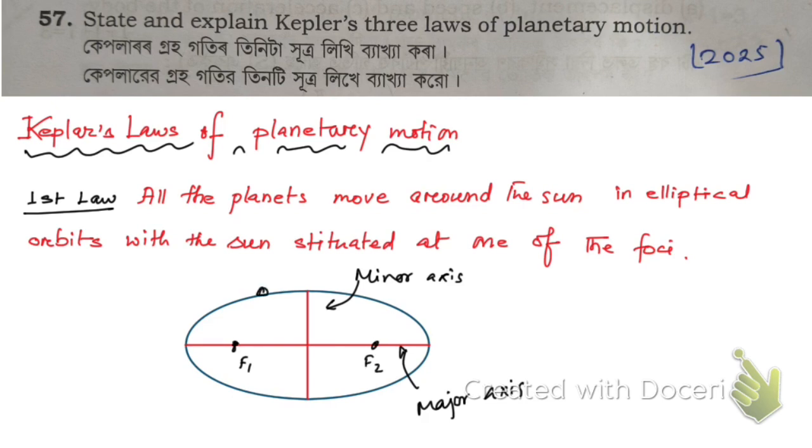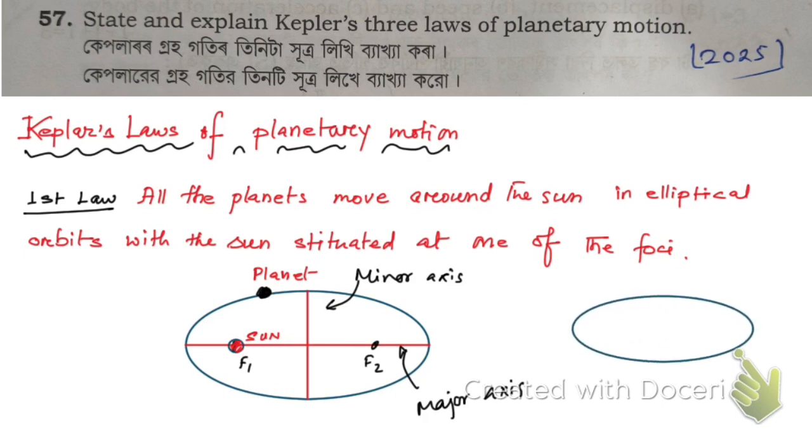Here is the planet. Suppose this is the planet, and here is the sun. The sun should be situated at one of its foci. This is the sun, let me write S. Now, what is an ellipse?